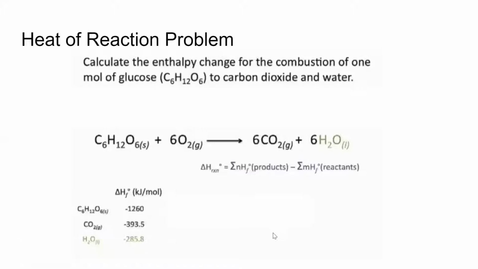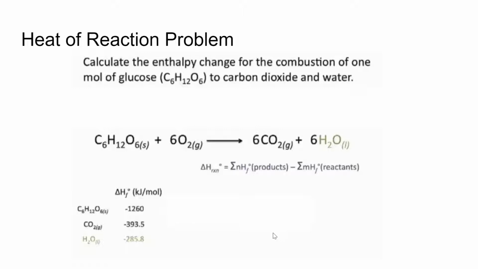Here's your reaction, and the heats of formation are below. It takes negative 1,260 kilojoules per mole to make 1 mole of glucose, C6H12O6. It requires negative 393.5 kilojoules per mole to make CO2, and negative 285.8 kilojoules per mole to make 1 mole of water.